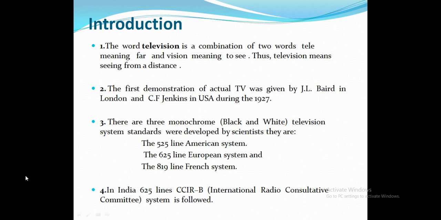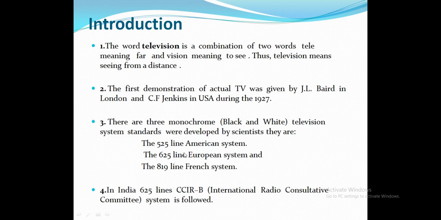Monochrome is nothing but black and white TV. We call it a monochrome television. In a monochrome television system, we have three types of standards. The 525 line system, that is the American system.